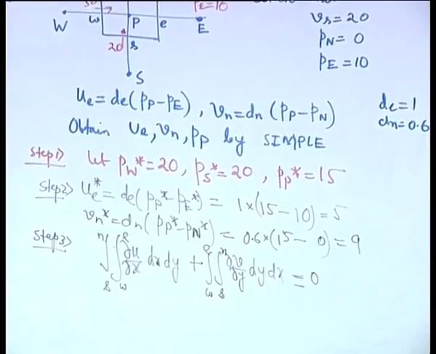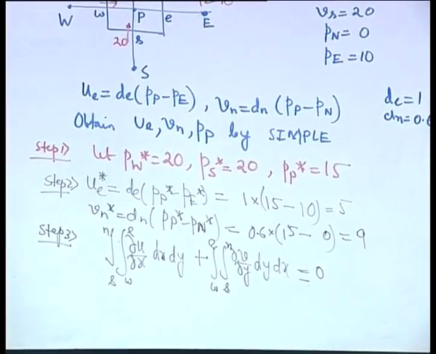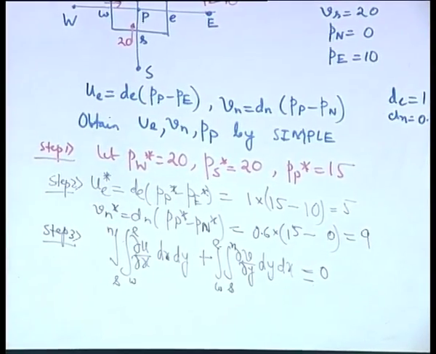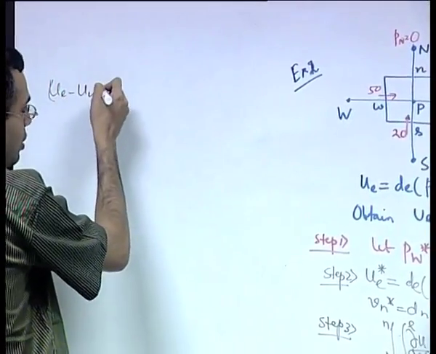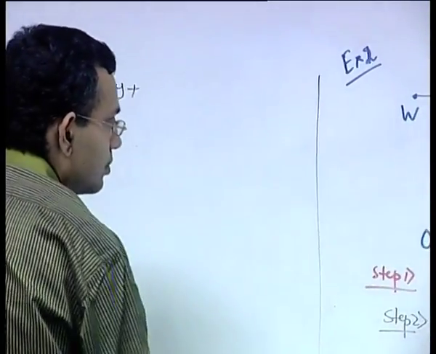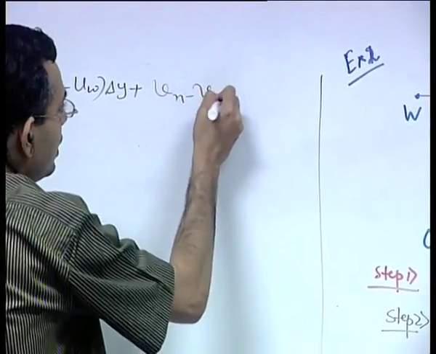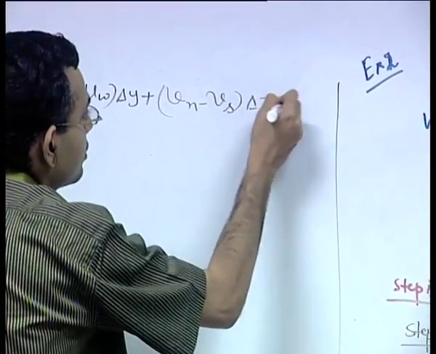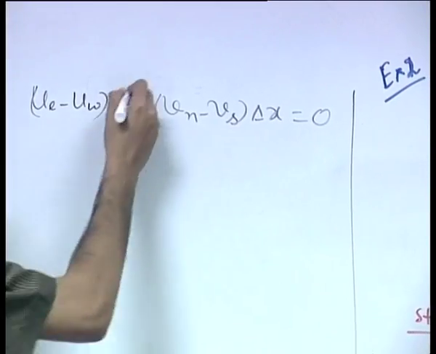So, we have integrated the continuity equation. So, it will be UE minus UW into delta y plus Vn minus Vs into delta x equal to 0. Delta y and delta x are the same.